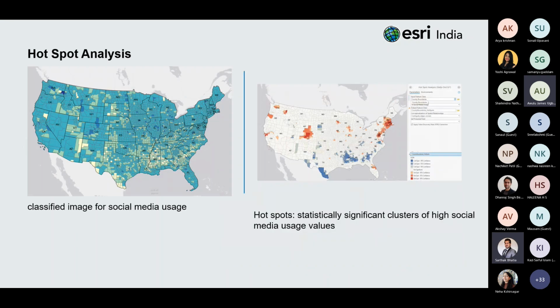Now, to give you a more prevalent example of how analysis can be done using vector, one of the most popular analyses is hotspot analysis. Hotspot analysis, in a very simple way, is the analysis which is used to identify the areas of maximum frequency corresponding to the areas of minimum frequency.